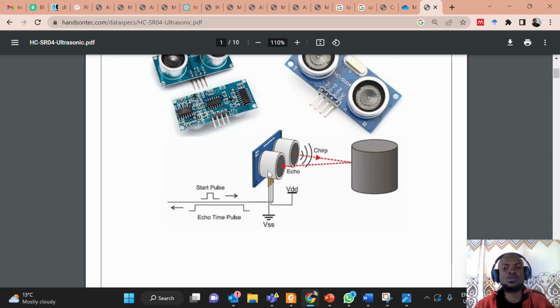What do I mean? The sound travels x distance from this point to this point, then back. When it hits, it travels back to the sensor. That means it covers a distance of 2x. If the distance from this sensor to the obstacle is x, that means total distance travelled is what? Is 2x. I hope you guys understand that.